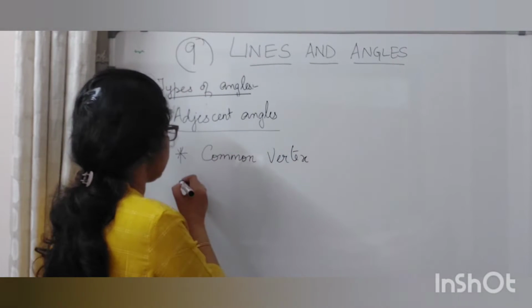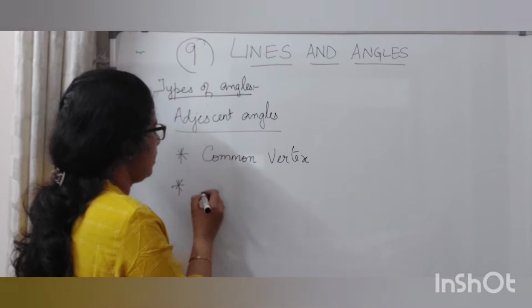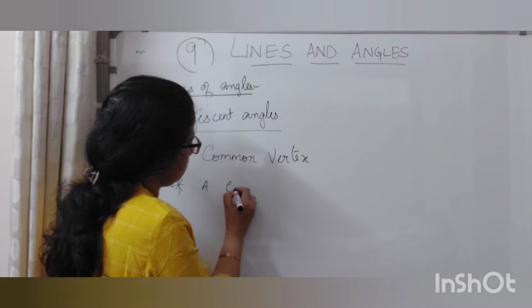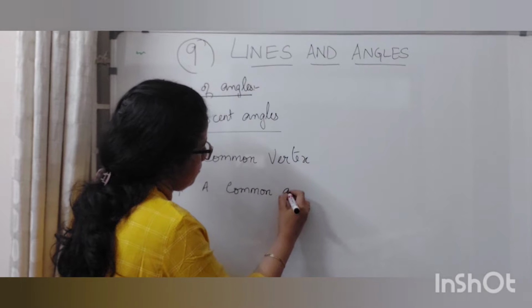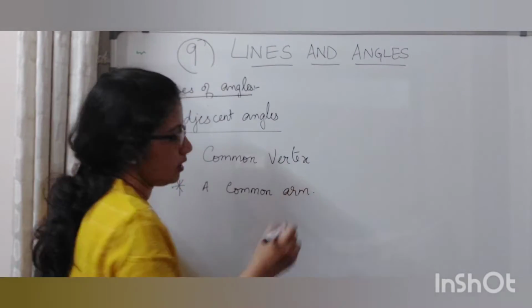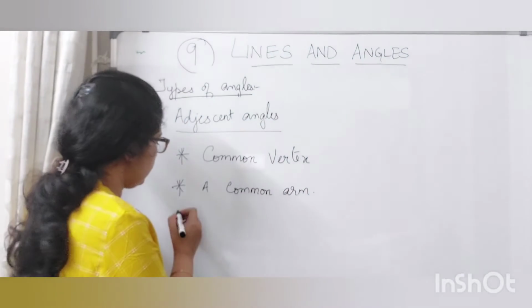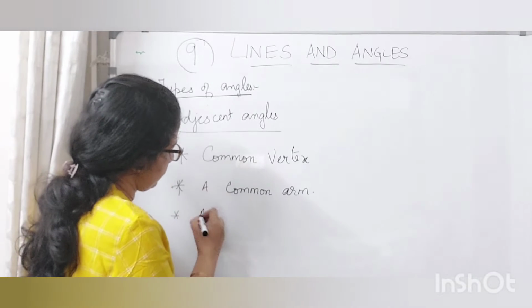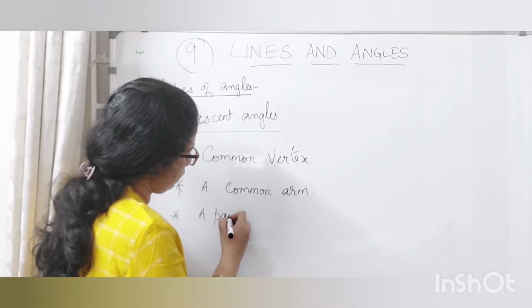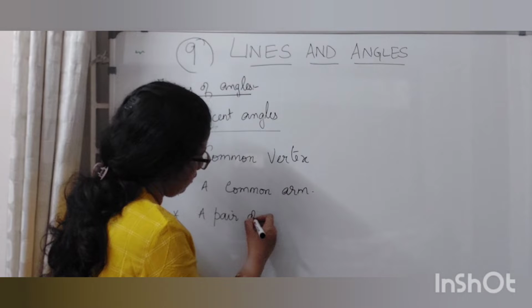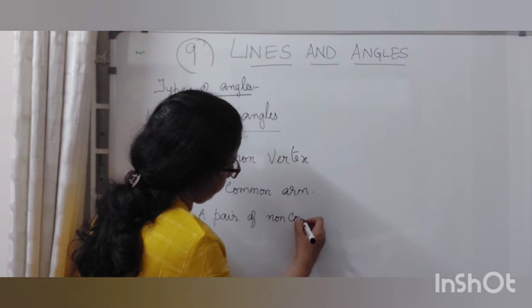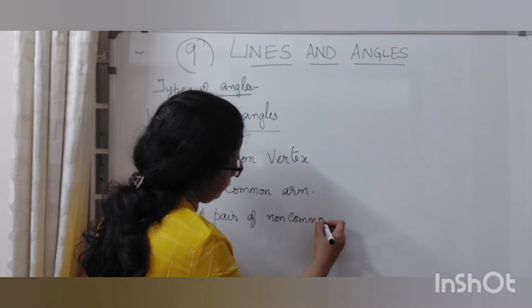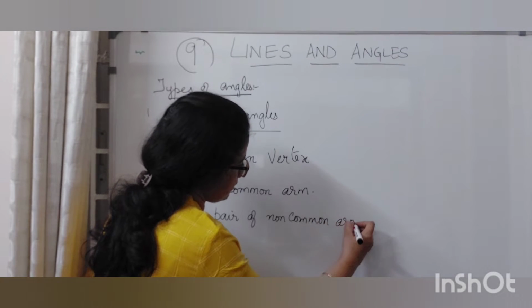Okay, second point is a common arm. Okay, and the third point is a pair of non-common arms on either side.